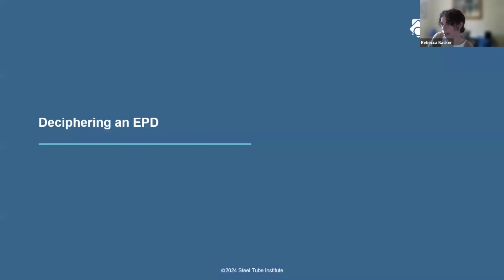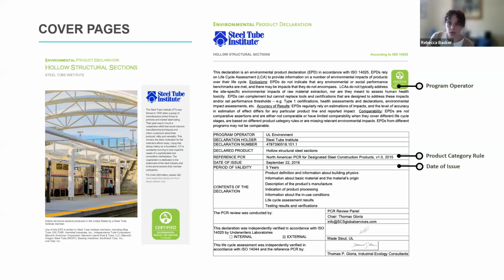So now that you've kind of gotten a taste of what the process is, we're going to take a closer look at an EPD and how to interpret them, and then what things to consider when you're thinking of comparing them. So when you're looking at an EPD, the title page and the cover page is going to contain a lot of the information you're going to want to check for when you're using an EPD.